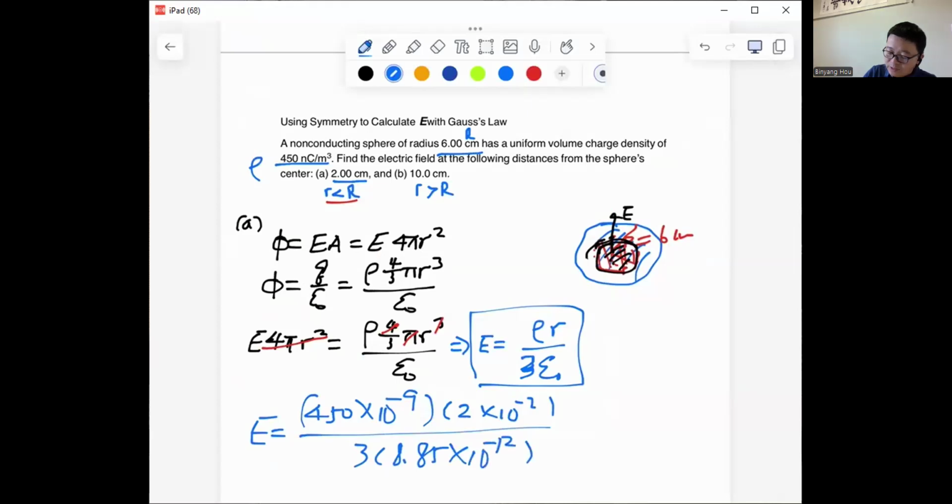Make sure you have everything in SI units. So this will give you 339 newtons per coulomb for the electric field on this one.